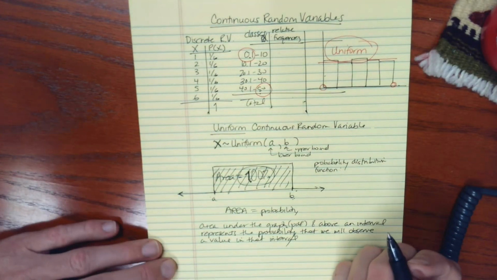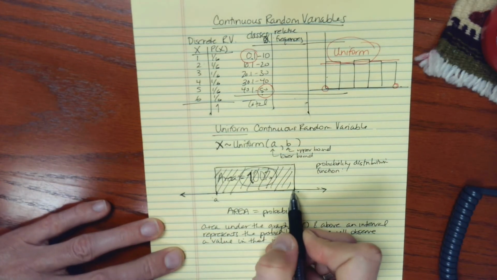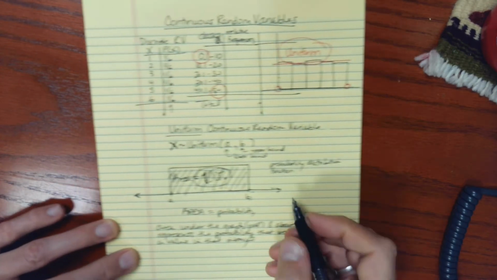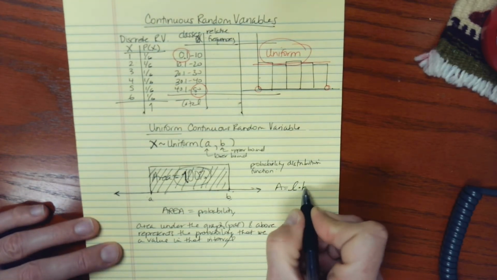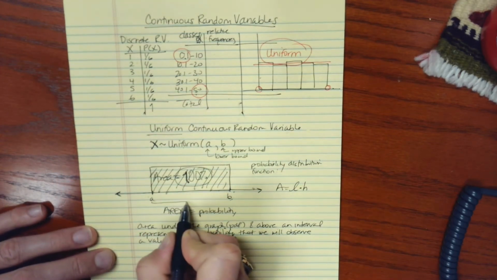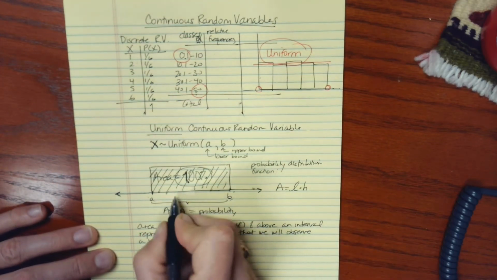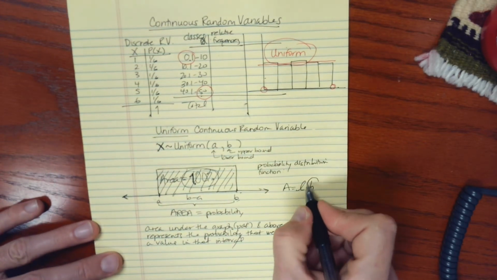Now, the nice thing about this is, since the shape is a rectangle and I know the total area, I'll draw upon my geometry knowledge where area equals length times height. It's fairly easy to calculate this length. That's just b minus a. So the missing piece of information here is the height.